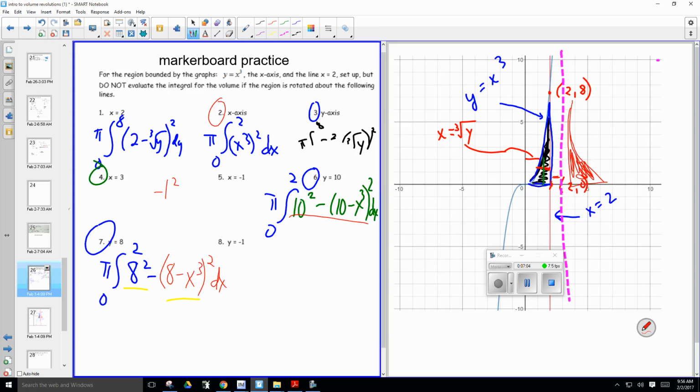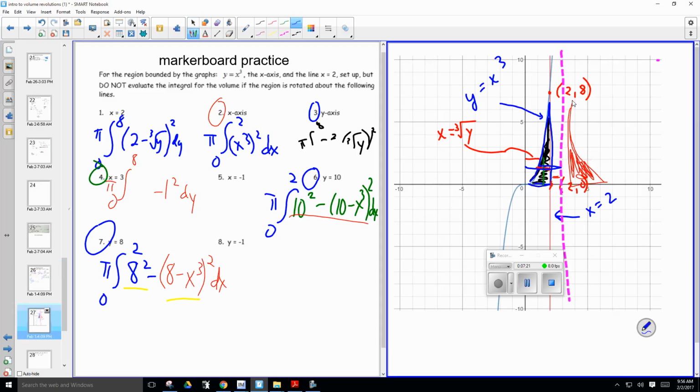Okay? Vertical axis rotation, so we're in terms of y, 0 to 8. Go back, big radius. The distance to the radius is 3. The distance to the y-axis is the third root of y. So my radius is 3 minus the third root of y.